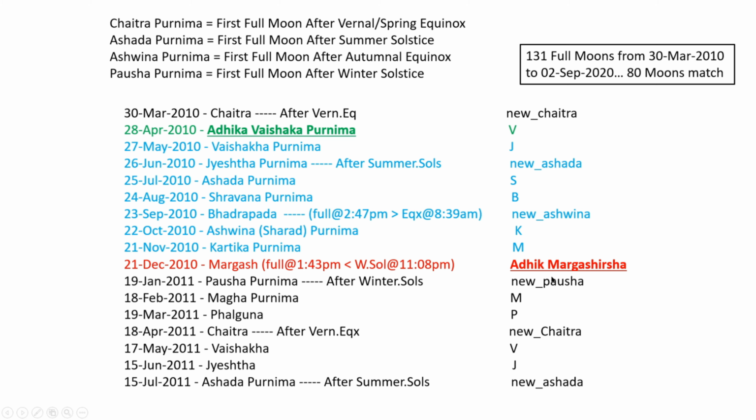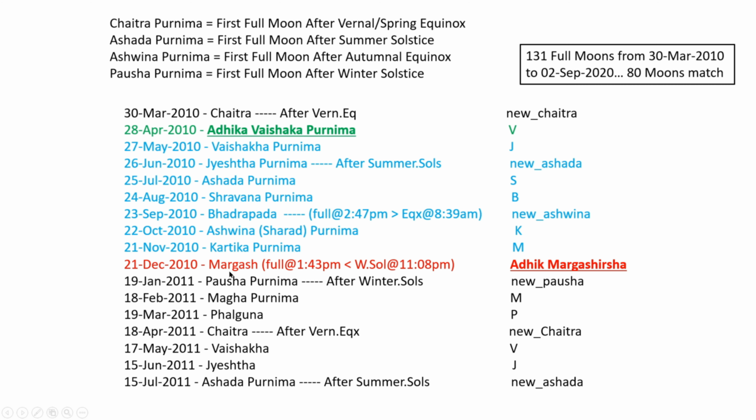And right after this, the names will again be back in phase. It was out of phase for these couple of full moons. Then this becomes the Adhika extra month. We will not change the name. So this was Margashirsha, this was Adhika Margashirsha, or we can name any of them as extra.